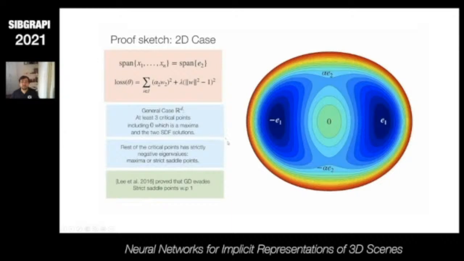The rest of the critical points have negative eigenvalues, so they are maxima or saddle points. And considering the proof provided by Lee et al., the gradient descent evades saddle points with probability 1. So this concludes the proof for the IGR plus.